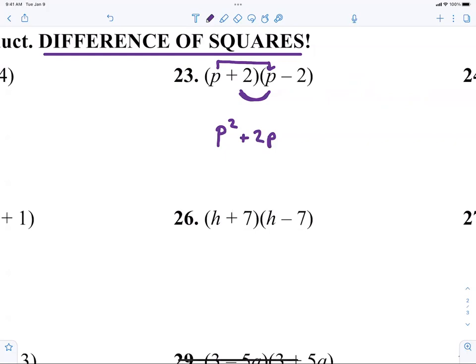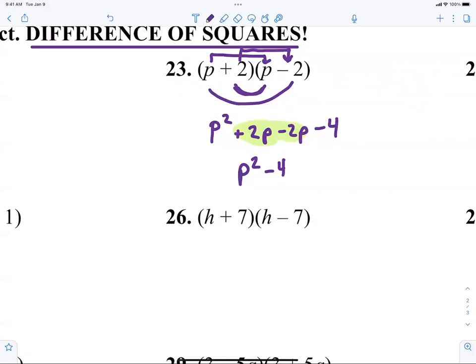Now I want you to do this over here. How much is that now? -2P. There you go. And then finally -4. Exactly. Now, Molly, what do you notice about these two things right here? They cancel. So what's my answer? P squared -4.